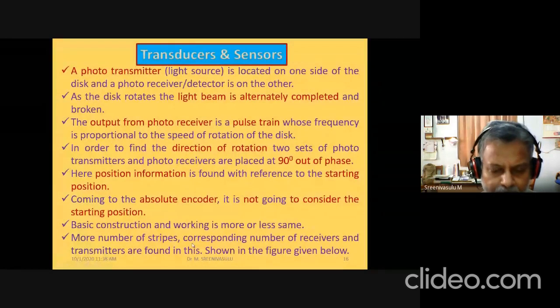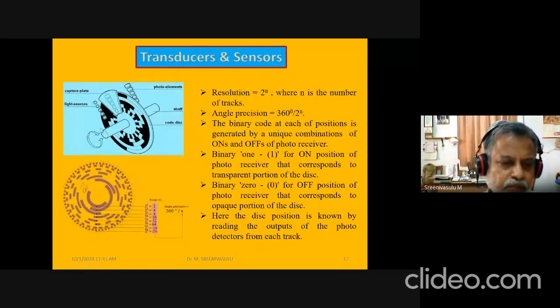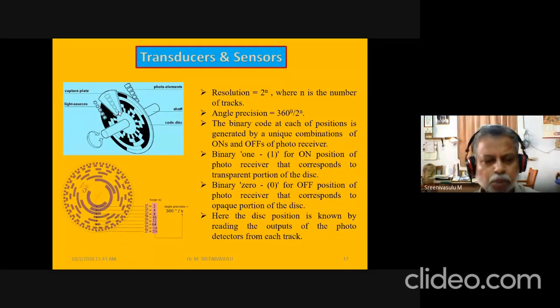More strips, corresponding to the number of receivers and transmitters, are found in this. That kind of figure has been shown in the next slide. See here, these are all the transparent slots. The earlier figure showed only one radial slot, and such slots were distributed radially.